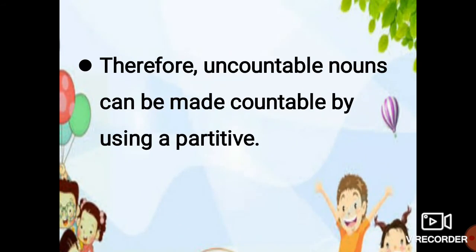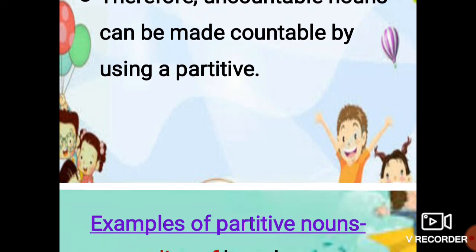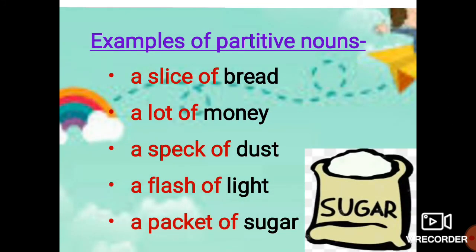Therefore, uncountable nouns can be made countable by using a partitive. Let us see the examples of partitive nouns. A slice of bread, a lot of money, a speck of dust, a flash of light, a packet of sugar.